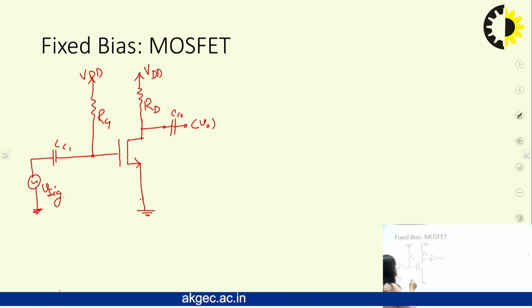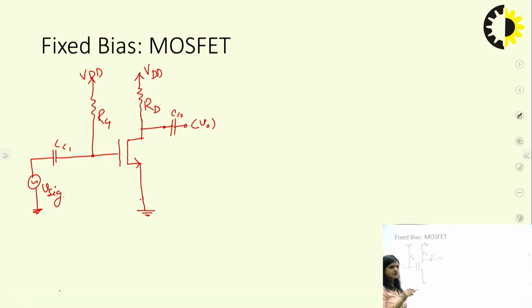The only difference between the BJT and MOSFET is this: in case of BJT, we have seen that there is a small current IB at the base terminal which is required, but we have seen the structure of the MOSFET. Here the channel is isolated from the gate.